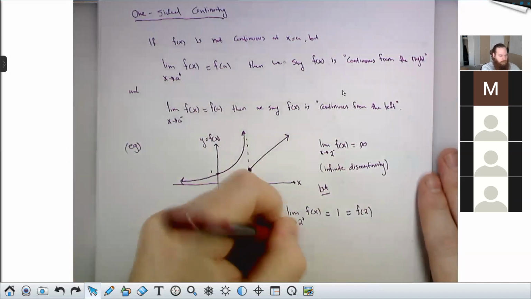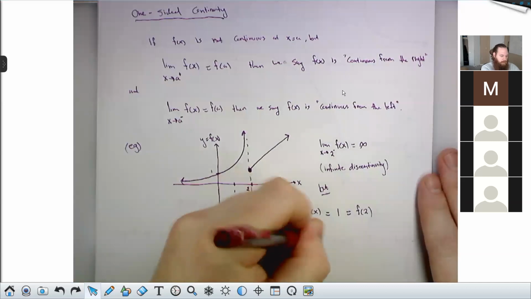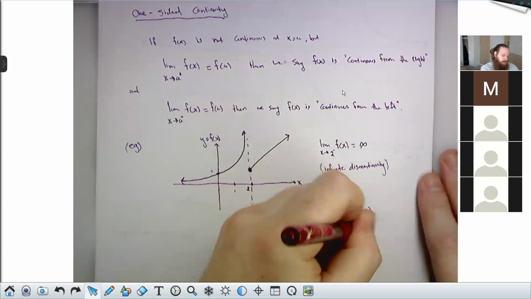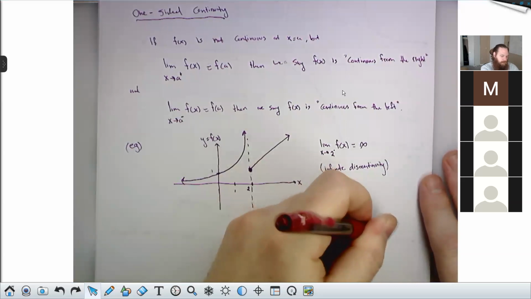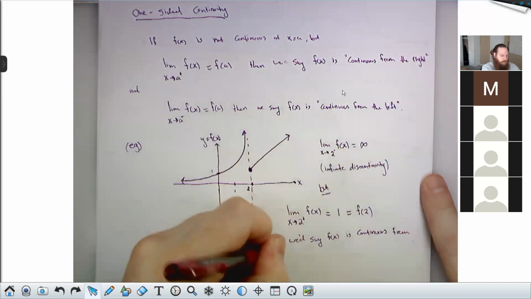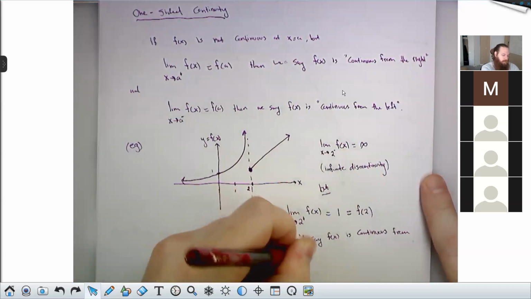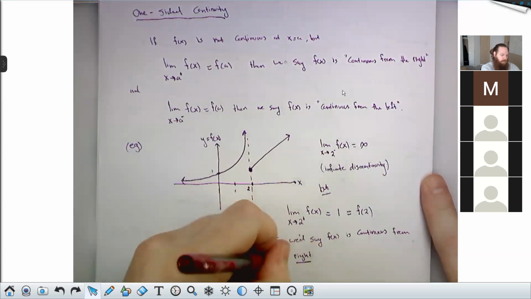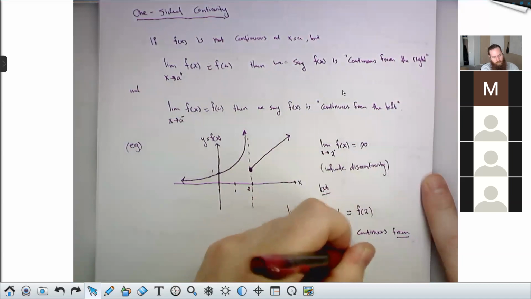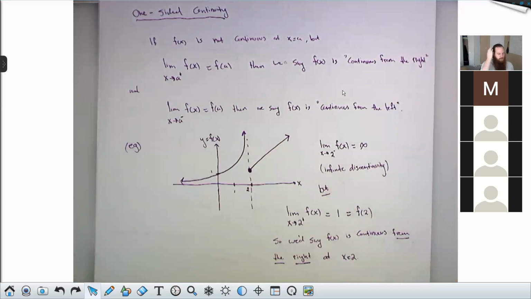So we'd say f of x is continuous, but only from the right, at x equals 2. And this is a sort of subtlety that, like I said, I don't want to beat you guys to death with, but I do want you to spend a little bit of time thinking about.